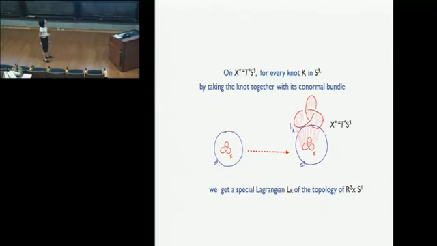So you get a special Lagrangian of topology R2 times S1. Okay. Do you mean special Lagrangian or just Lagrangian? You get a Lagrangian whose, I guess, Maslov index vanishes. So there should be a special Lagrangian somewhere in there. I think that you get a special Lagrangian.